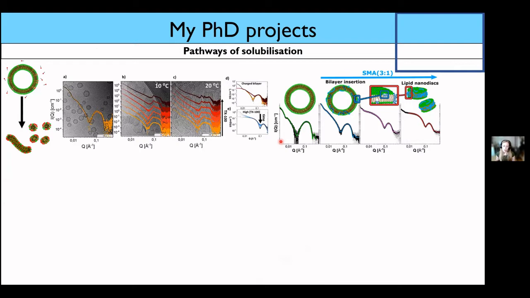So I started out studying classical detergents such as SDS and Triton X-100, and then as we were applying for experimental time at different synchrotrons and reactors, one of the feedbacks that we got was a request that we also study the newer techniques for solubilizing membrane proteins, such as this styrene maleic acid copolymer. So we therefore decided to include this in the project here, which is the origin of this paper.